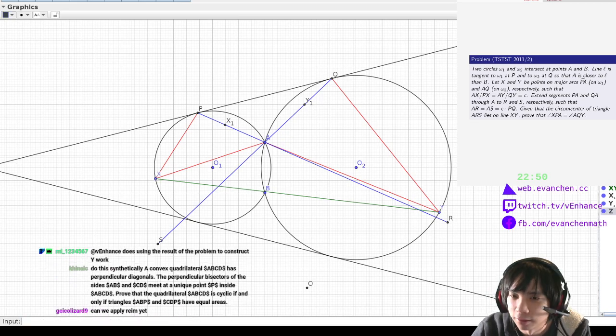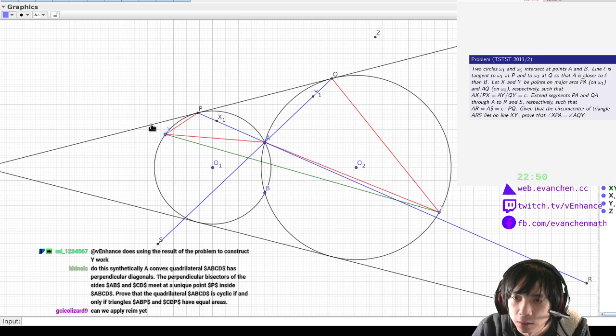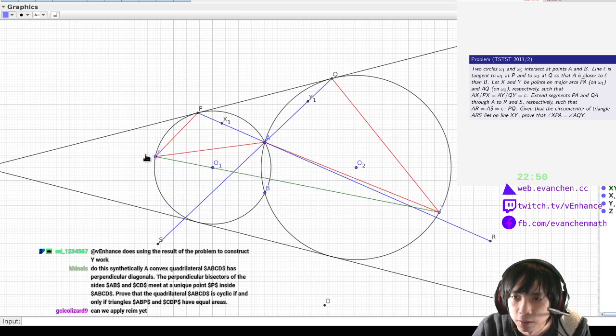I'm gonna call it Z because we're never going to look at that point again. And Z is probably really far away. Let me check that I responded correctly. Yeah, that should be fine.